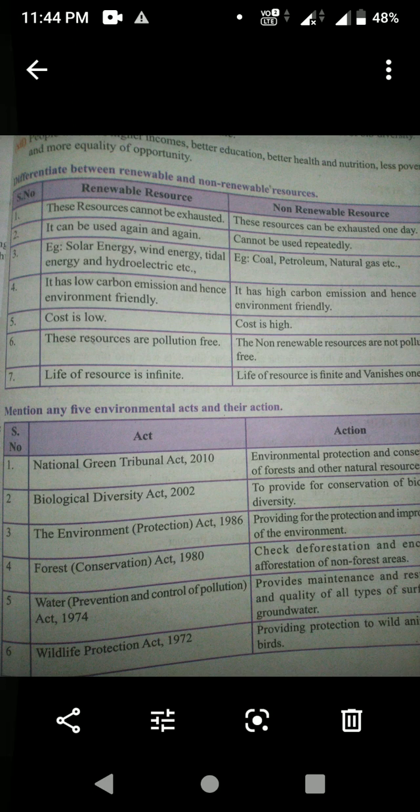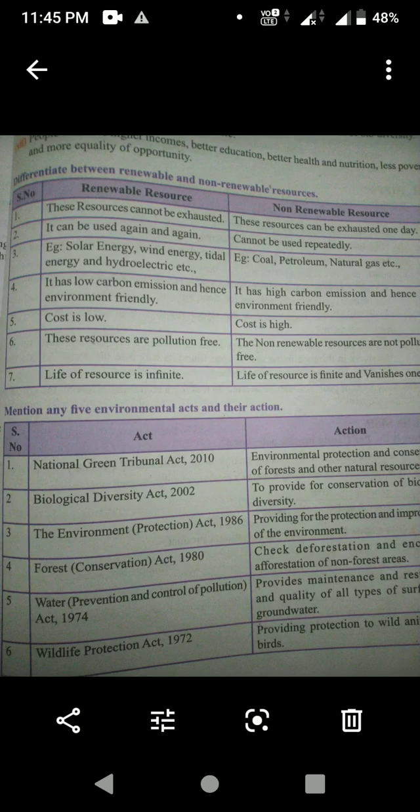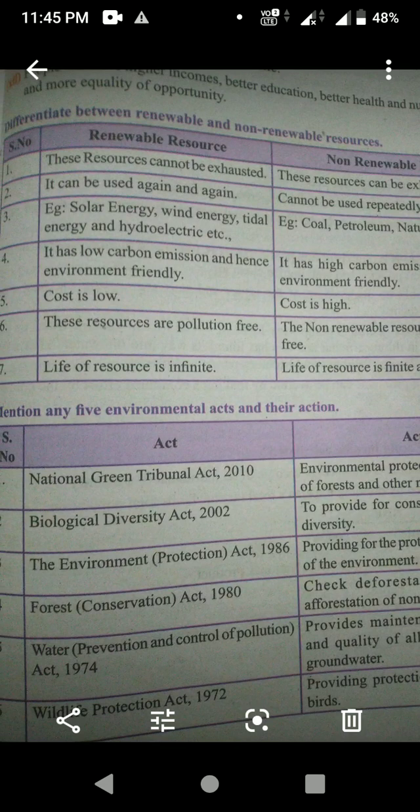Otherwise, I have also given the guide, and you can learn that also.